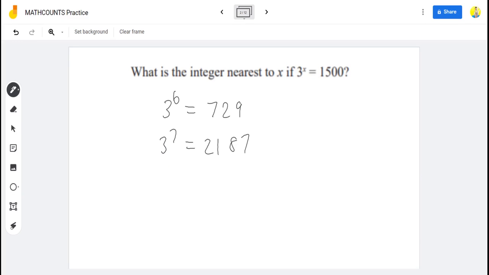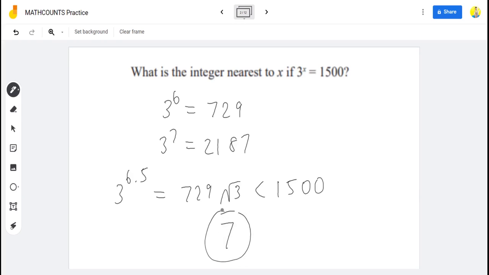And to solve this, we basically look at 3 to the 6.5. This is equal to 729 root 3, which is less than 1500. Since this is less than 1500, that means that the answer would be 7, since 3 to the power of something larger than 6.5 would be equal to 1500.